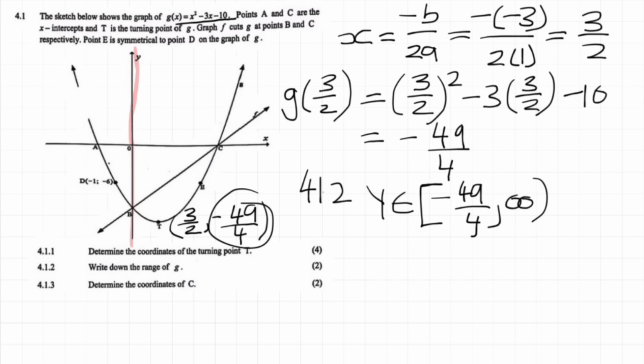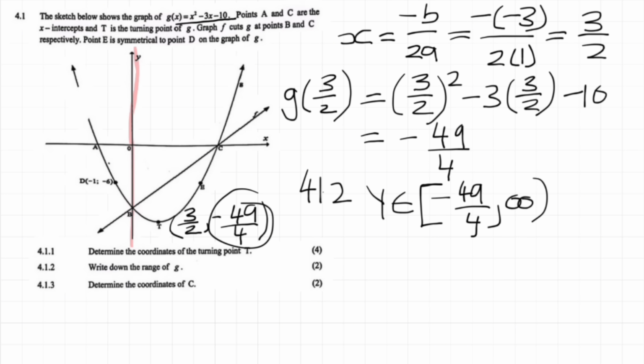Some other students like to write it as y is greater than or equal to negative 49 over 4. So it's up to you. But I like the other one of pointing it like that. Anything that you prefer, you can do.